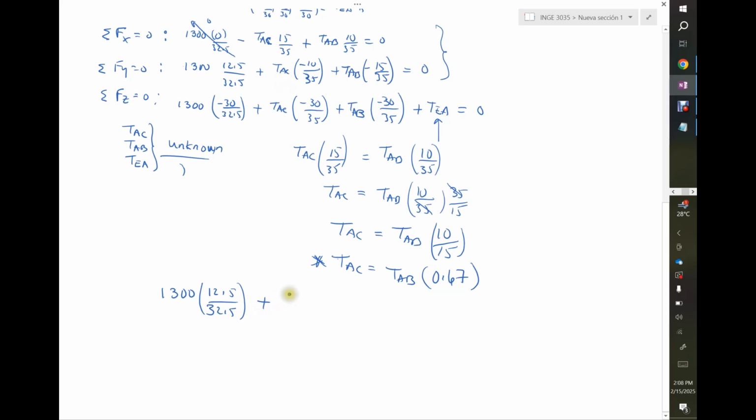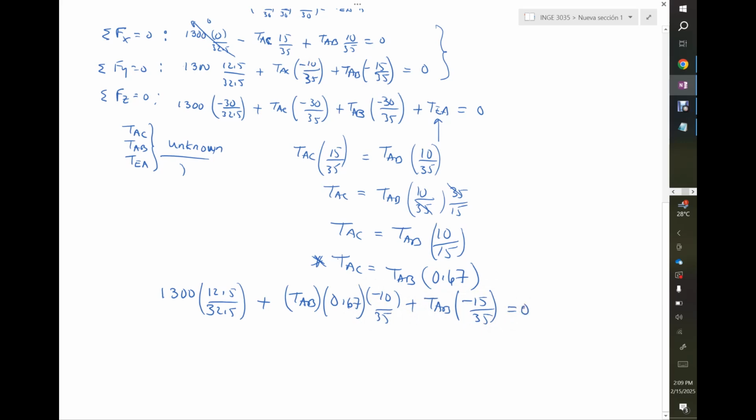TAC is TAB times 0.67. Careful with the negative sign here. Minus 10 over 35 plus TAB minus 15 over 35, and that's equal to 0.